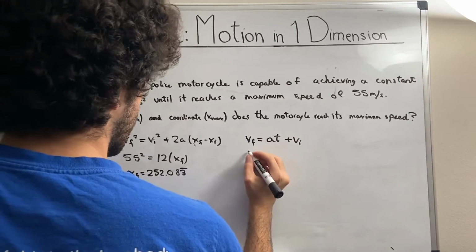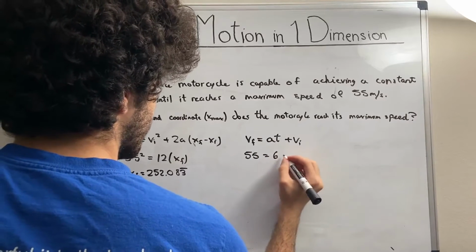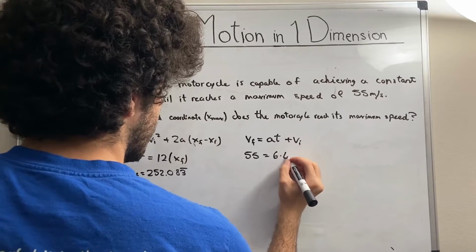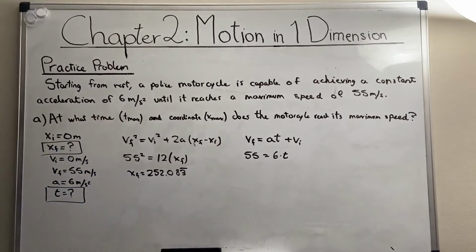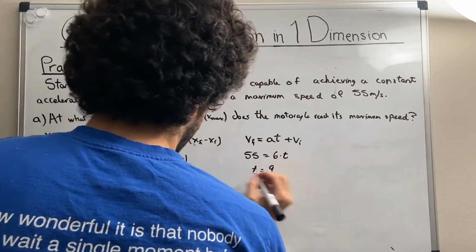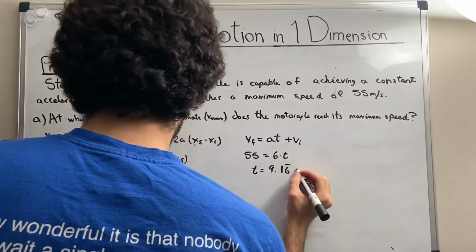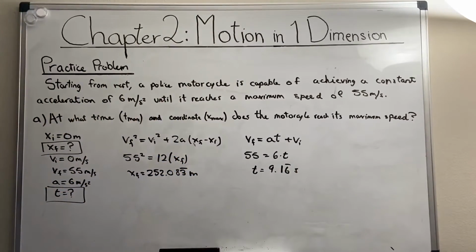And so this is a very simple solve. 6 times t, so we have 55 divided by 6, t is equal to 9.16 periodic seconds.